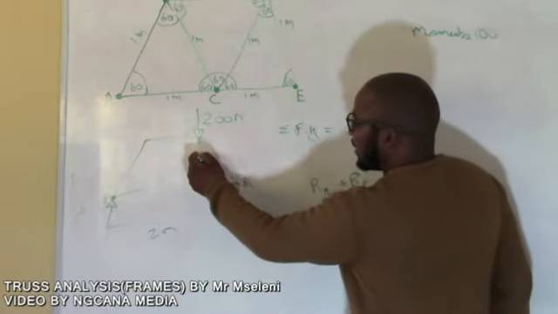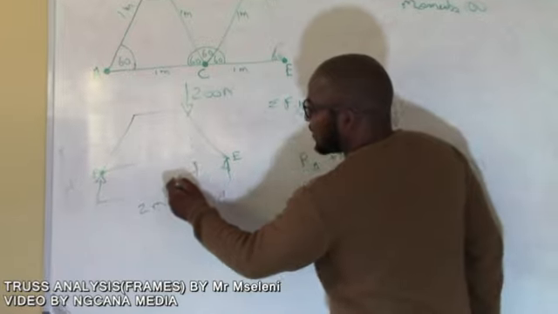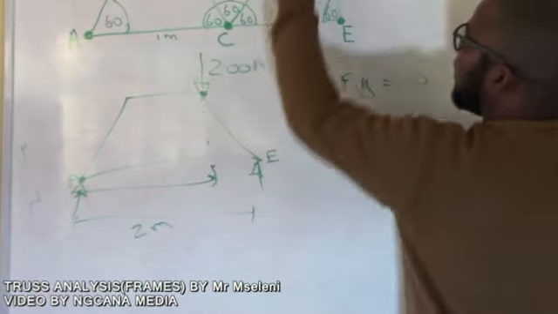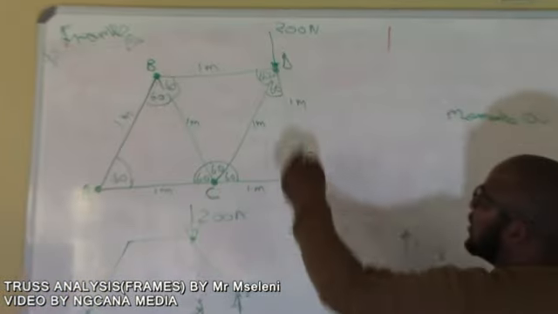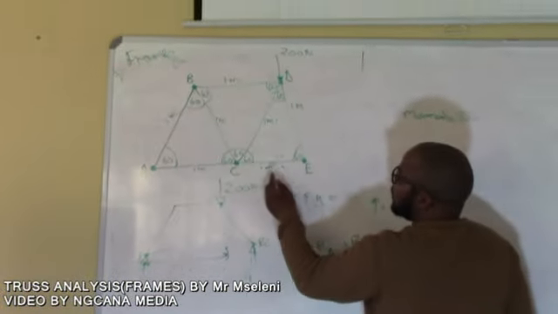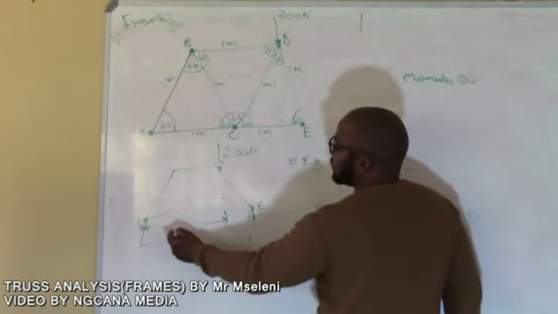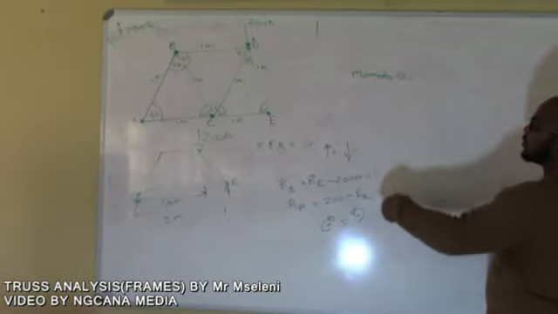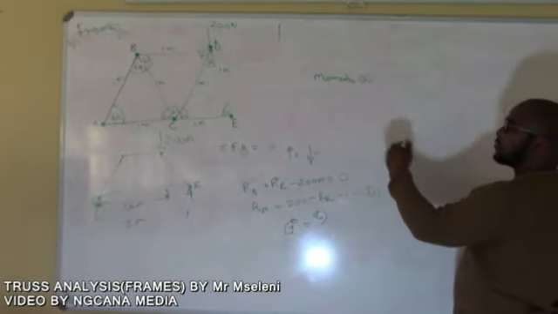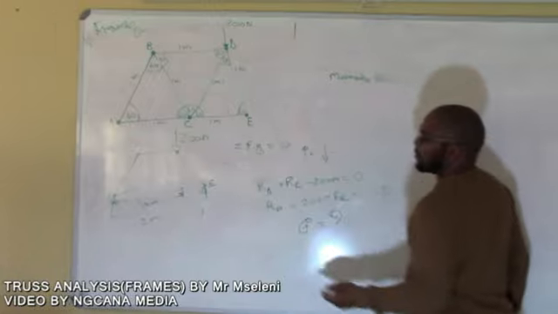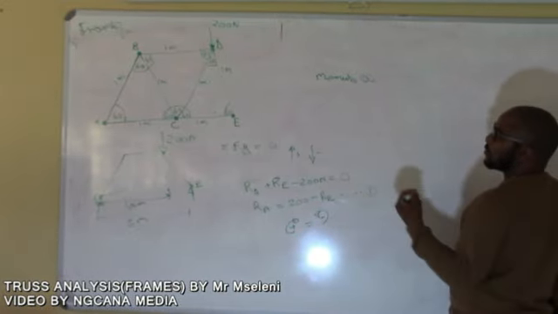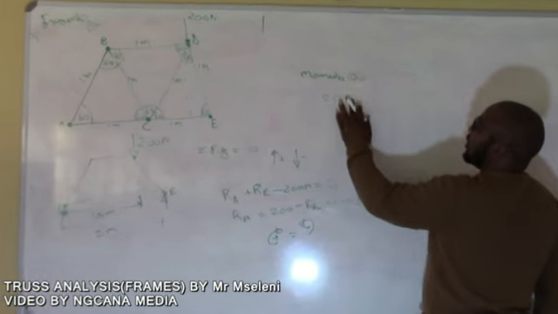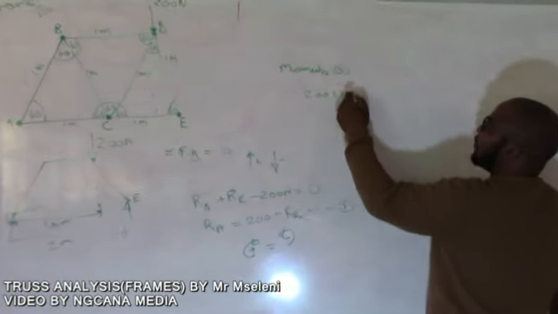The distance between A and that force applied at point D is 0.5 plus 1, which gives us 1.5 meters. Therefore, the moment going clockwise is the force times the perpendicular distance, which is 1.5. So we have our 200 newtons times 1.5.